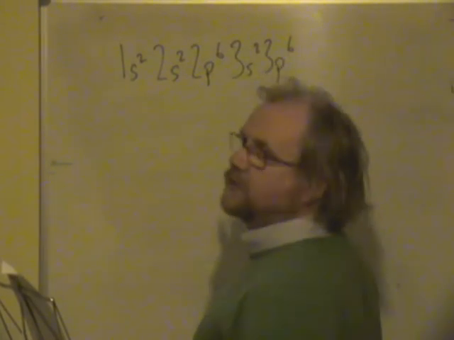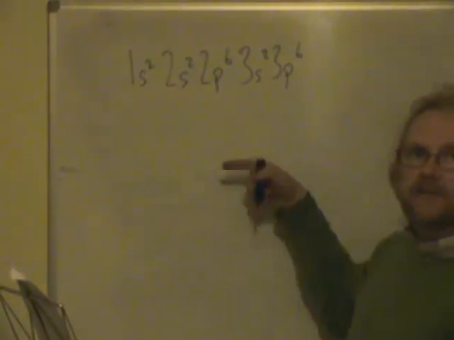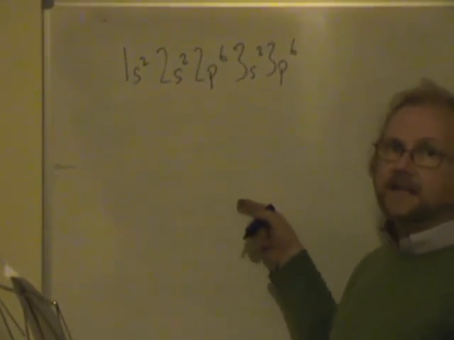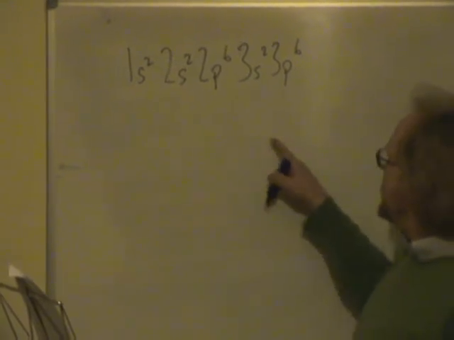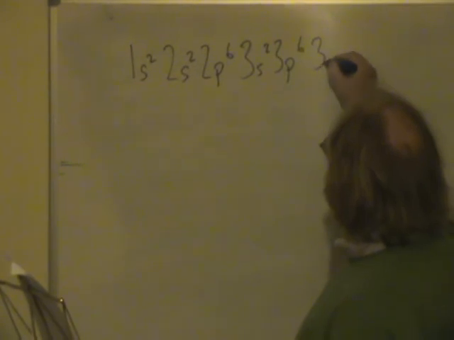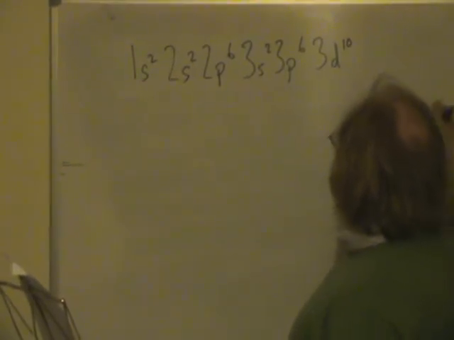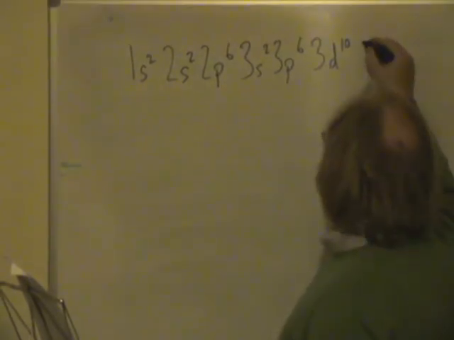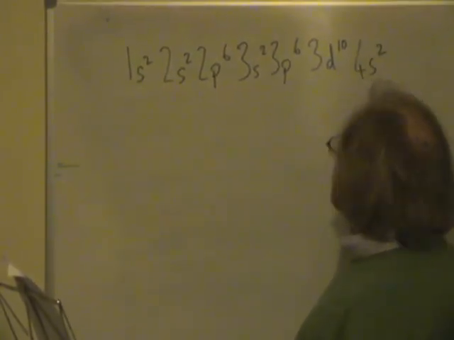And then when you get to the 4th row, we have the complication that you've got the first transition series in, which remember comes from filling up 3d. So by the time we reach gallium, we're already past that, so we filled up the whole of 3d, 3d10. We've also filled up 4s, because that was back in the s block, with potassium and calcium was where we were filling those.